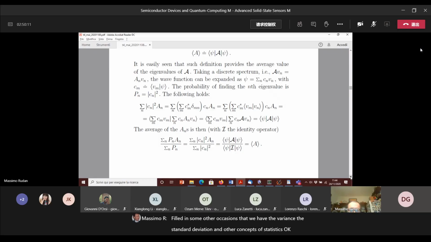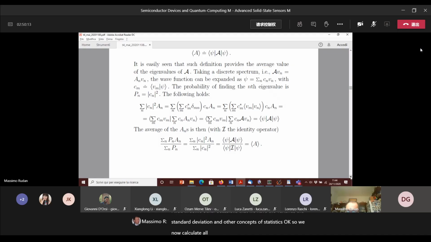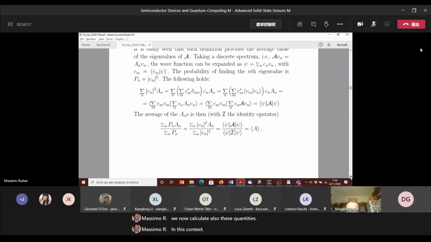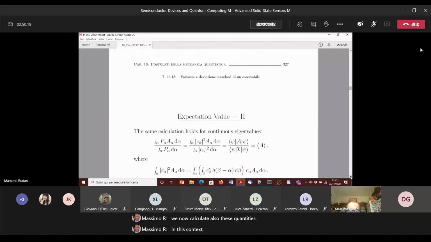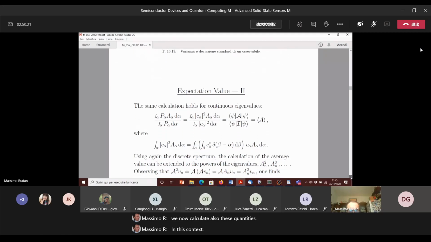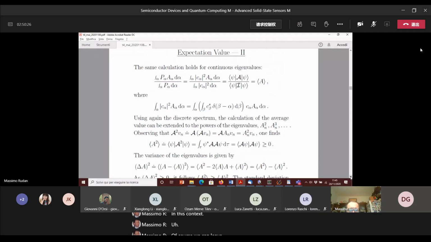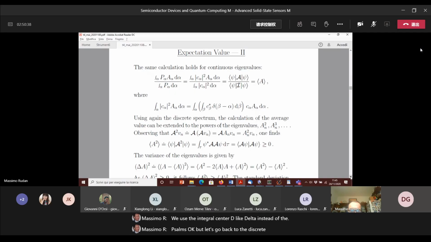So we now calculate these quantities in this context. Of course, we can repeat the analysis in the continuous case, using the integrals and the Dirac delta instead of the sums. But let's go back to the discrete spectrum.